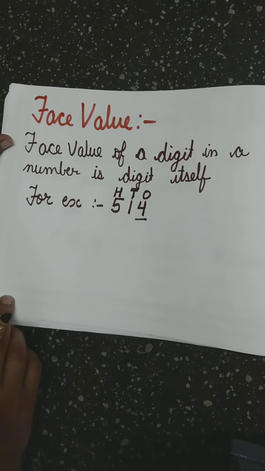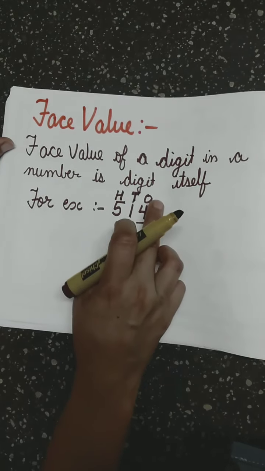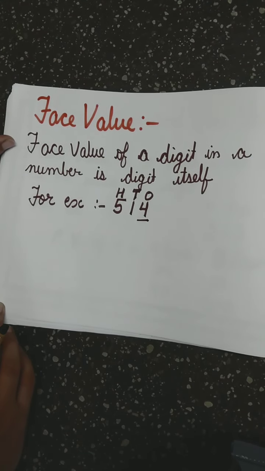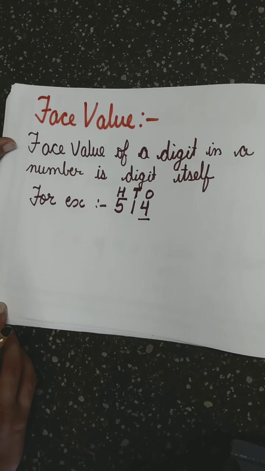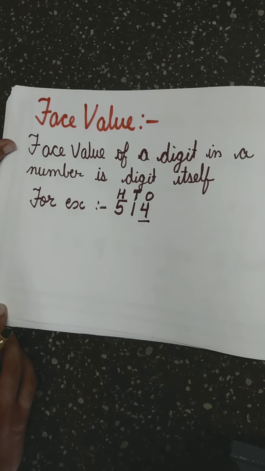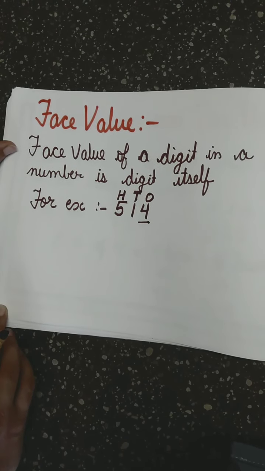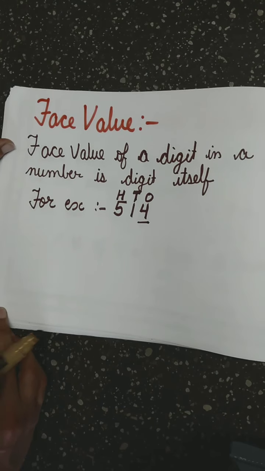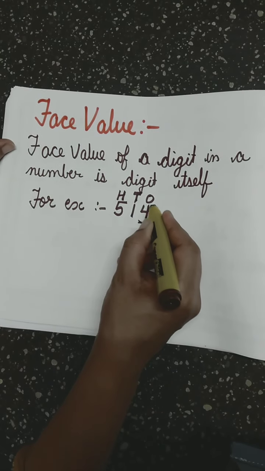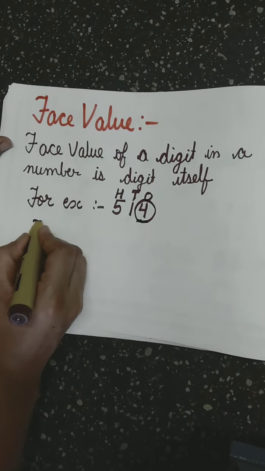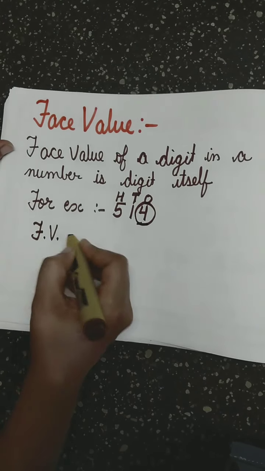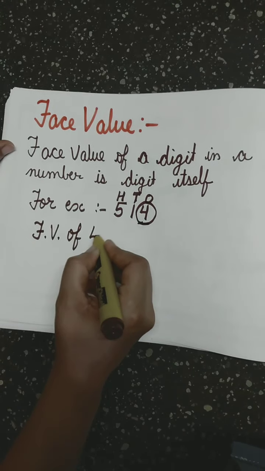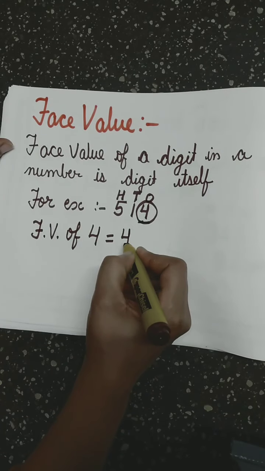So we will see that 4 is standing under ones, but it is of no use because this we see in place value. In face value, if we have to find out the value of any digit, it is the digit itself. So the face value of 4 will be 4 only.